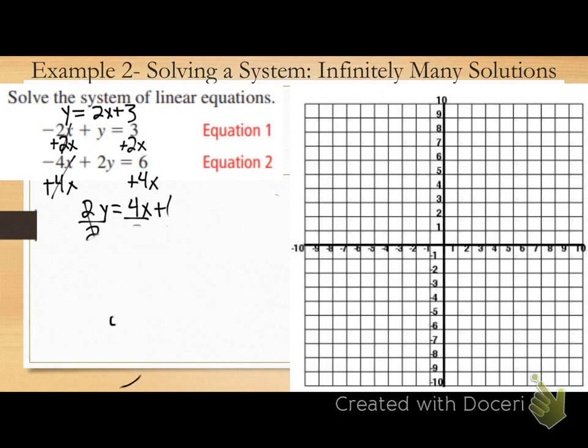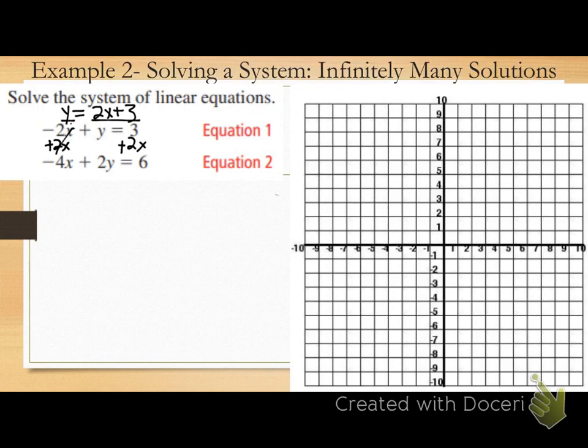For substitution, you want an equation solved for a variable. We've already done that. So let's say I started off using substitution and I solved my top equation for y. Okay? What does that top equation say y equals? 2x plus 3.